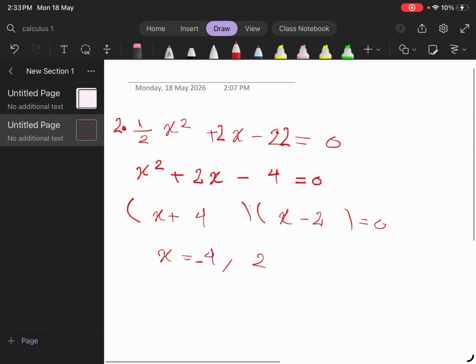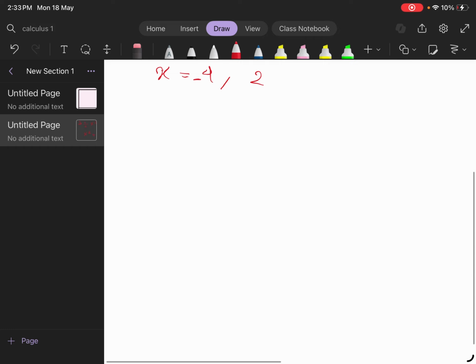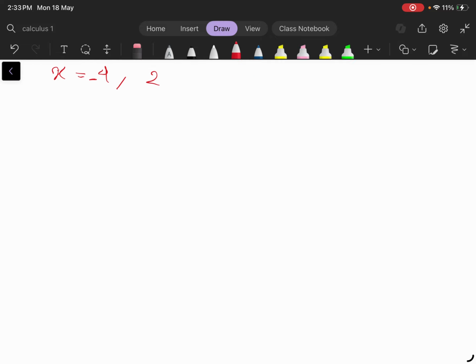And so again, what I have here is 3x² minus 5x plus 2 equals 0. I will use the method of normalization, something I already explained before in another video.